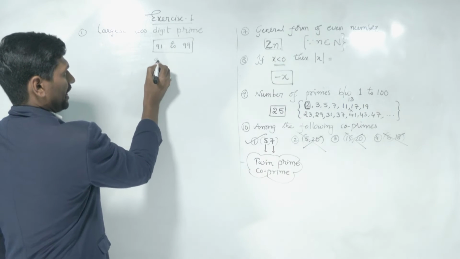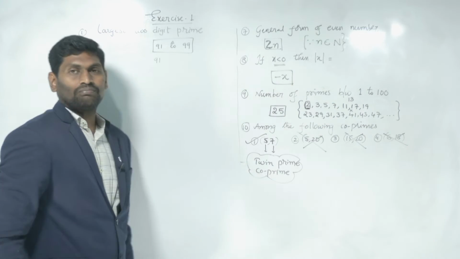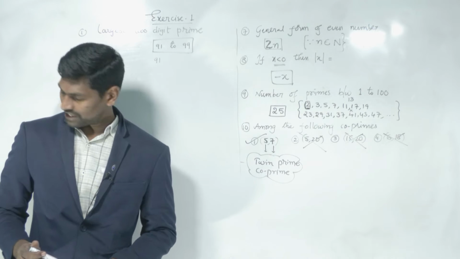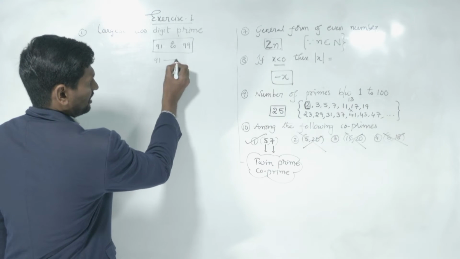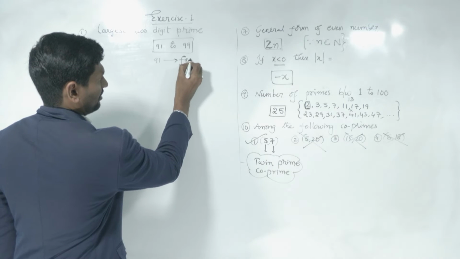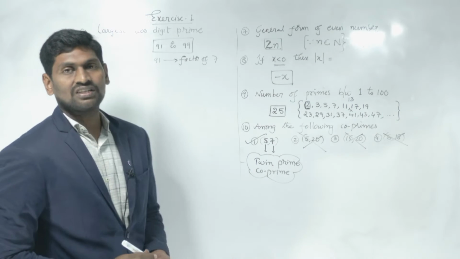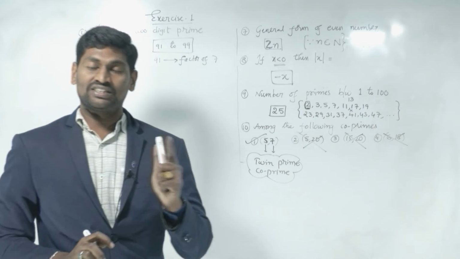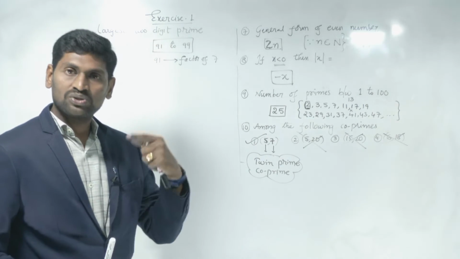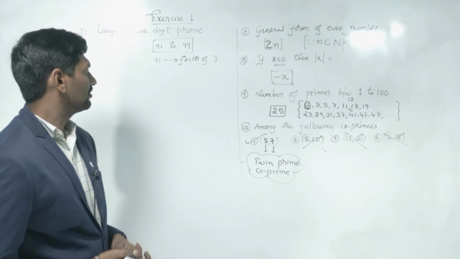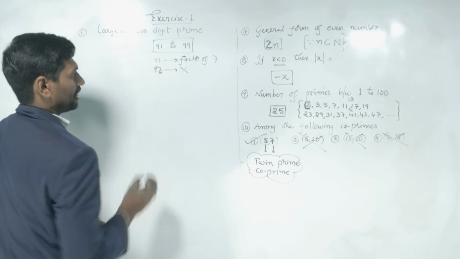91 is a prime number or not? All are thinking that 91 is a prime number, but 91 is not a prime because it will come in 7 table. So it is a factor of 7. I told you already, prime number means only 2 factors, 1 and itself. 91 is coming in 7 table also, so 7 is an extra factor. 92, 2 is even number, so not a prime.